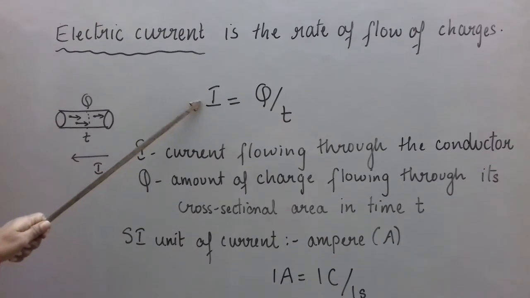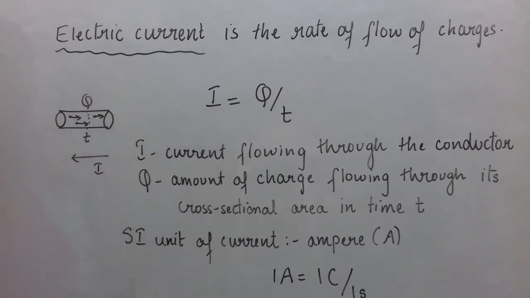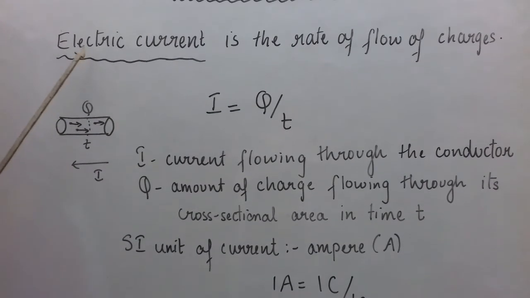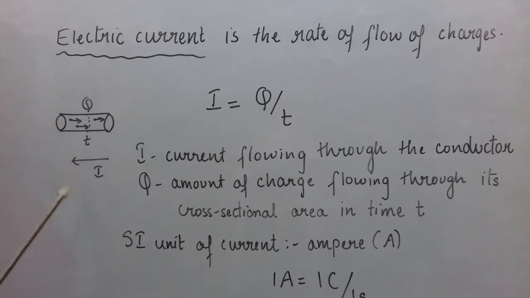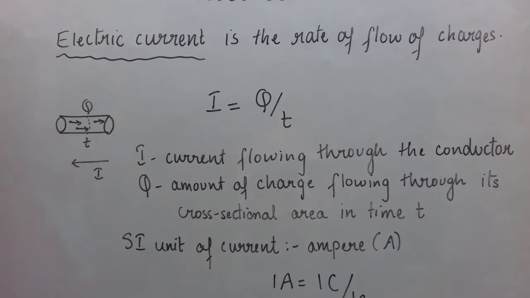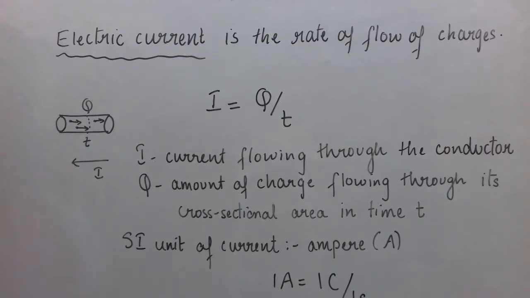Now electric current, remember, has direction. In this case we will be considering metallic conductors only. So electric current is constituted by the flow of electric charges. When electricity was discovered, it was not known whether the positive charge flows or negative charge flows.